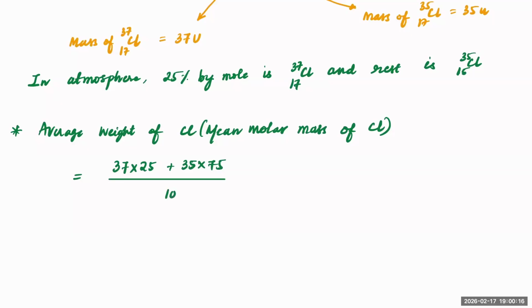So that makes it how much? This is coming as 35.5, and of course u should be multiplied there, 1 u. So that is equal to 35.5 u. This will be the mean molar mass of chlorine. And that's the reason why molar mass, when you calculate for chlorine, we write it as 35.5. So that half value is not accounted for something like half neutron or half proton, correct? It is accounted on the basis of the averaging of their existence.